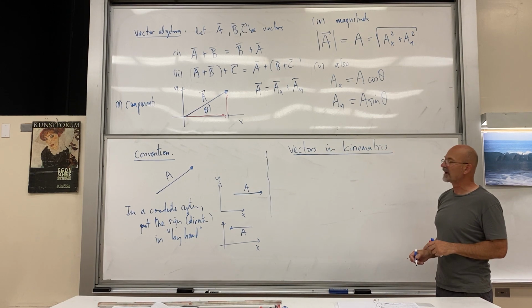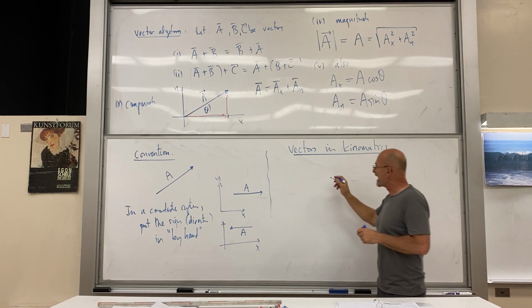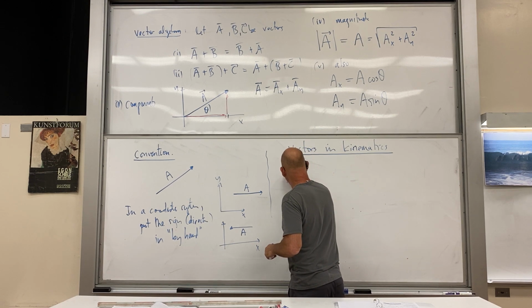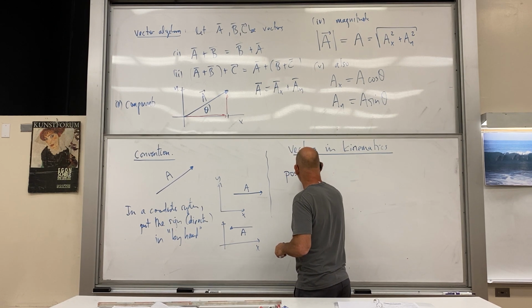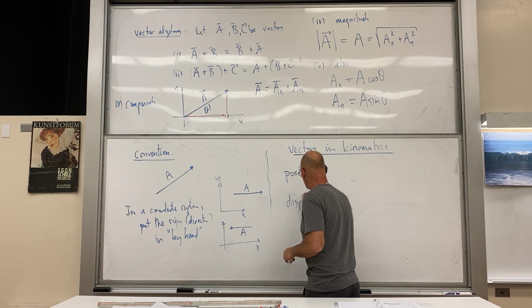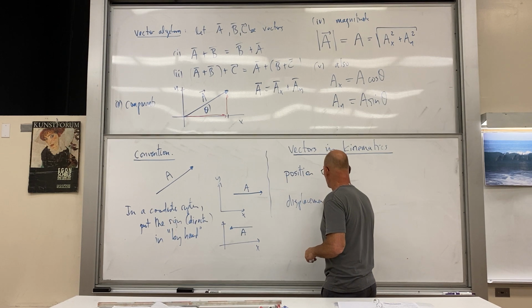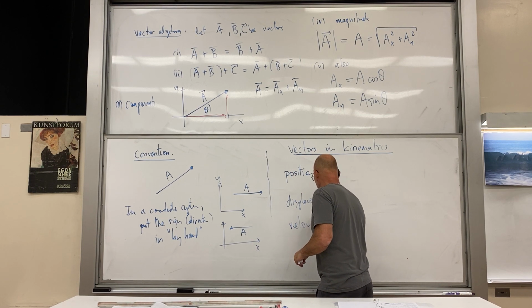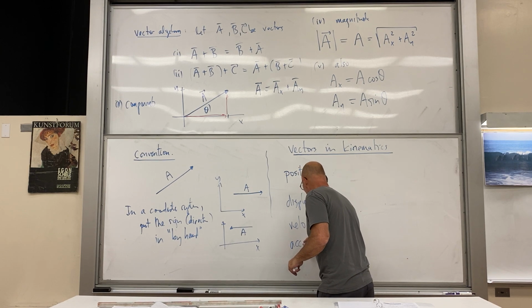Otherwise, I'll be leaving you hanging. So vectors in kinematics, let's just do our kinematic discussion here. Remember we had position, displacement, velocity, and acceleration. So right, we should always be able to just write these down.